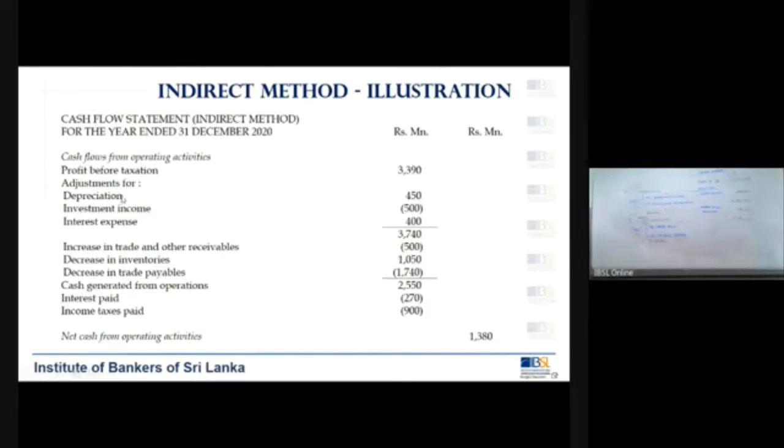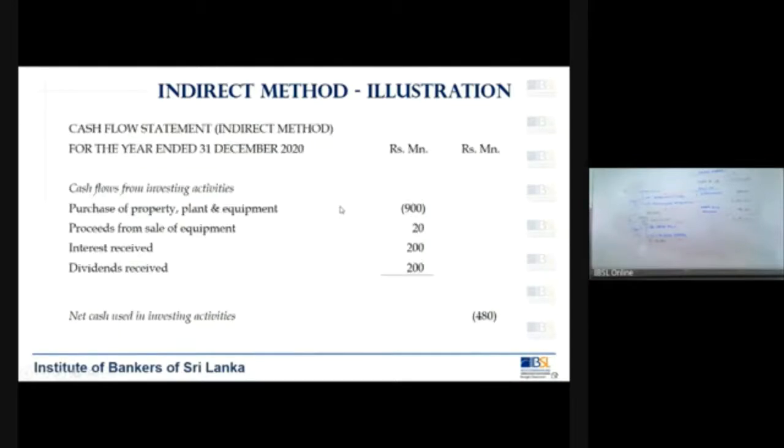Then they are adjusting these items. Depreciation, they have added. Investment income, they have deducted. Now, why have they deducted it? Investment income is already included in this, but we know investment income should be handled where? Under the investing activity.